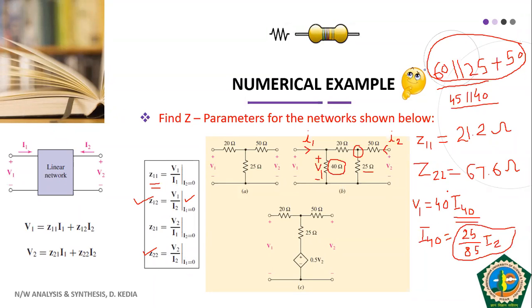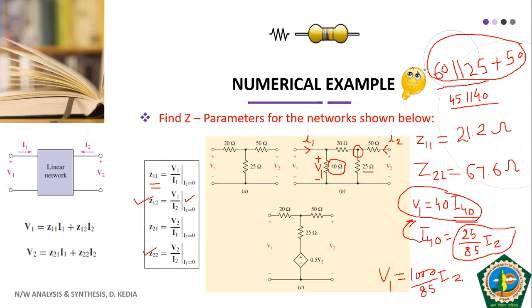Now you substitute the value of I40 in this equation. So if you do that, what do you get? You get V1 equal to 40 times 25 by 85. So that will be 1000 divided by 85, into I2.